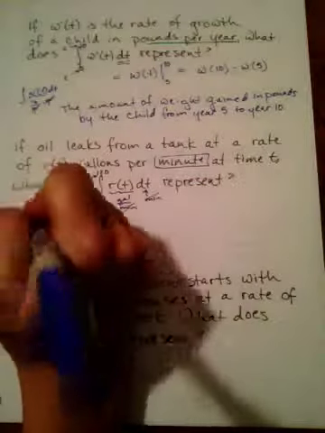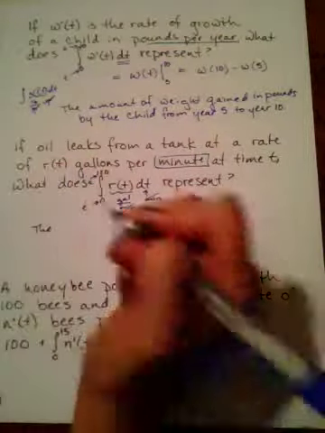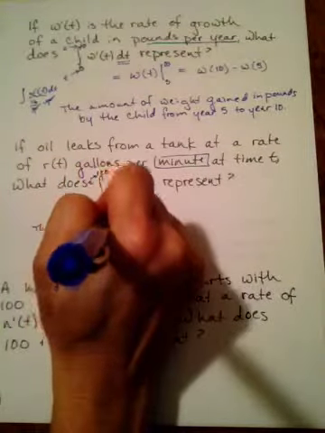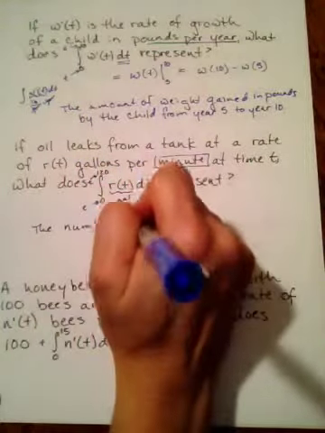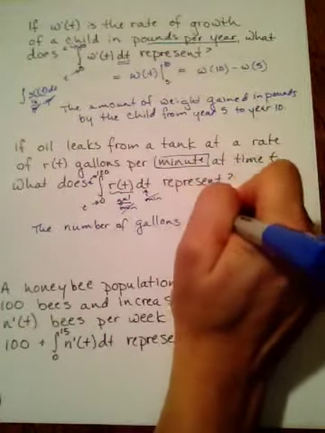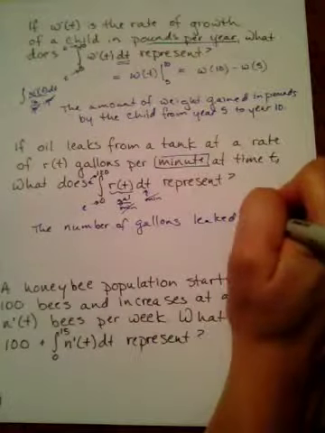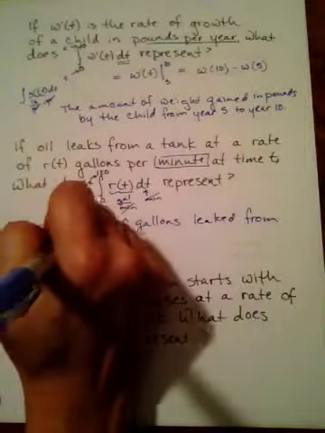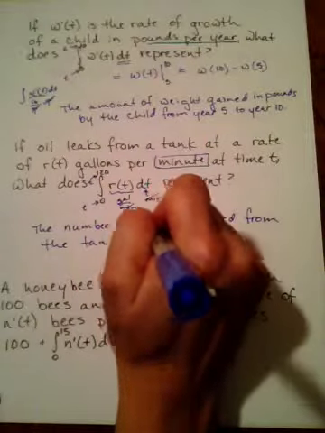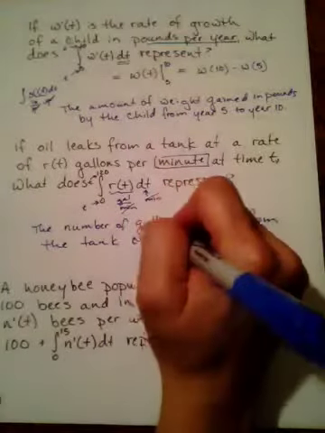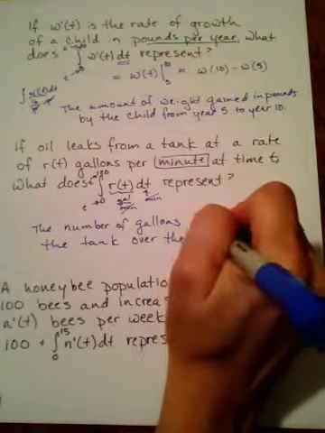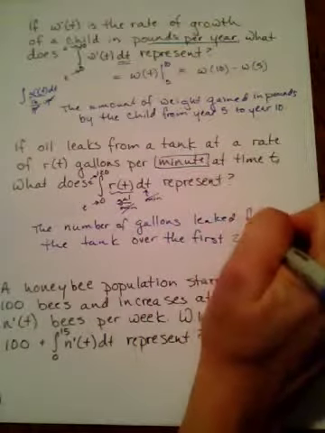So this would represent the number of gallons leaked from the tank over the first 120 minutes or over the first 2 hours. And that would be fine.